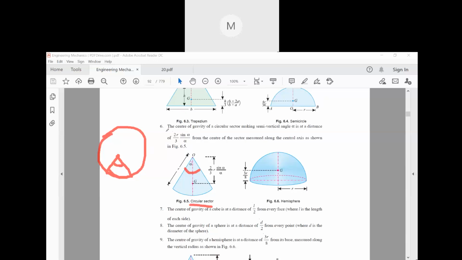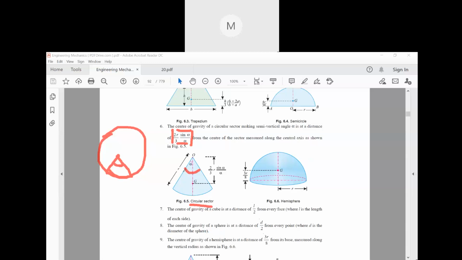Now the center of gravity is given by this expression. Just remember it. This expression is used for giving the center of gravity of a circular sector.